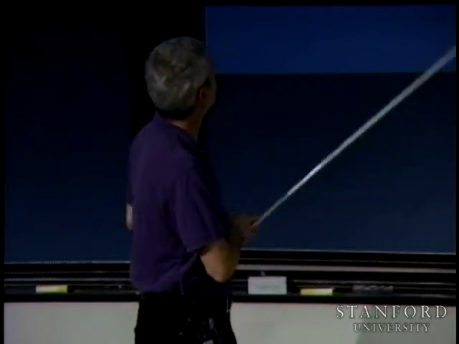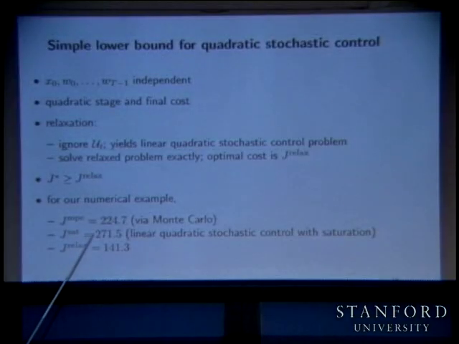If there were no constraints on the input, that linear feedback control law would be exactly optimal, period. Now the problem is when you form K_t x_t, occasionally that's outside the bounds of your input, and so you simply saturate that. That would be this one, and this gives you an average cost of 275.